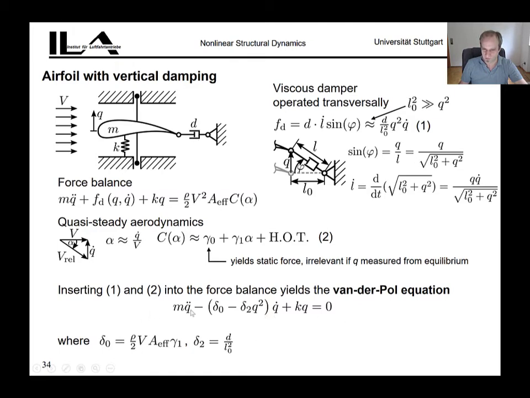So with the force balance between inertia forces, aerodynamic forces, viscous damping forces, and elastic forces, the coefficients are like this. This form of equation is called a van der Pol equation.